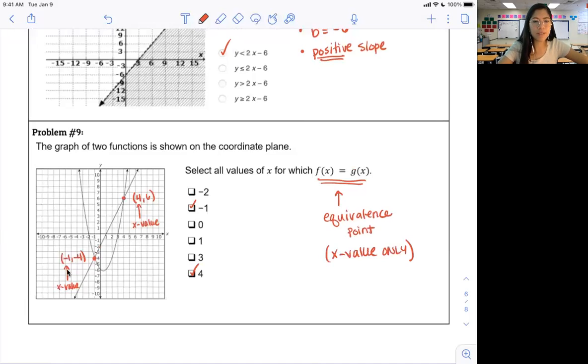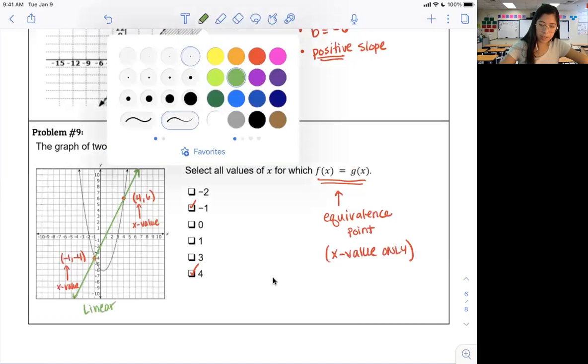Now, quick question, not related, but good to review. What are the two types of functions on this graph? There's two functions. What types of functions are they? One of them is linear, good. And the other one, good, is quadratic. So we have our linear function because it's a straight line.